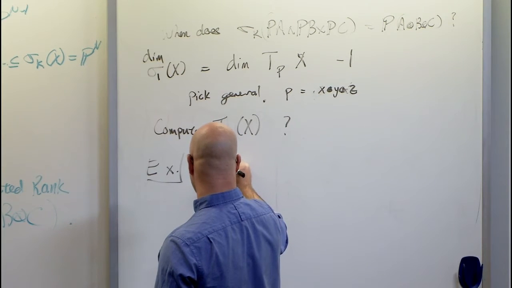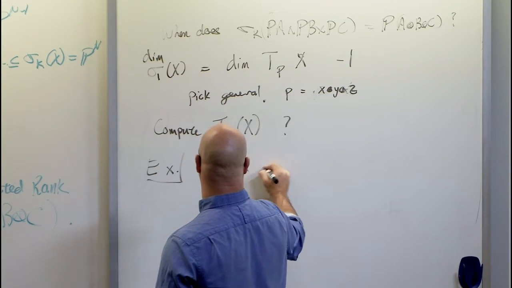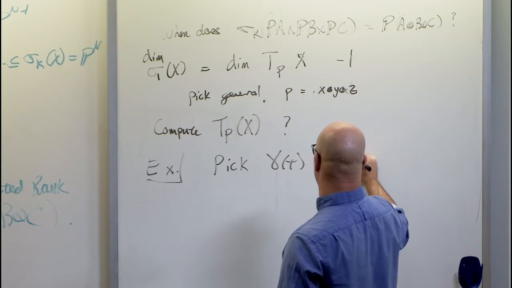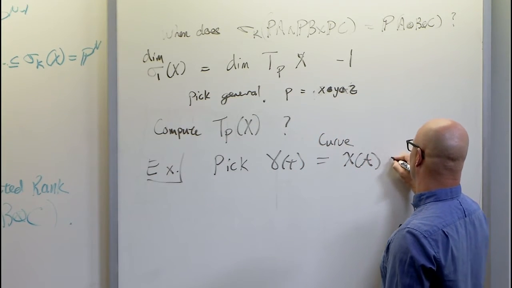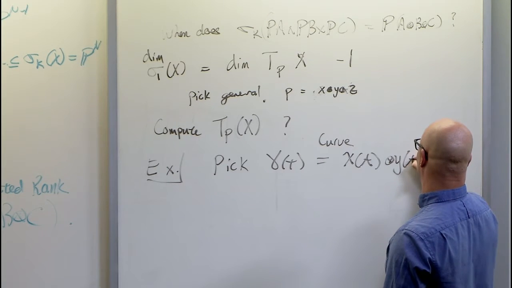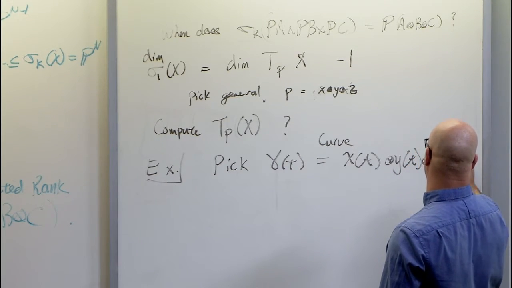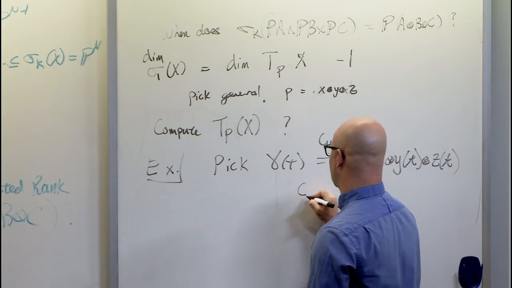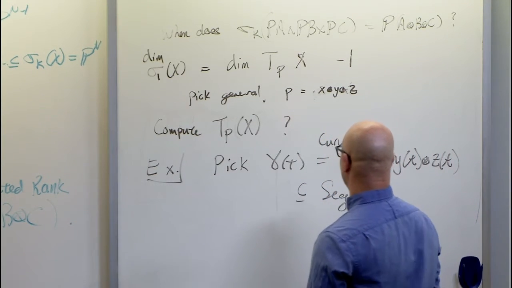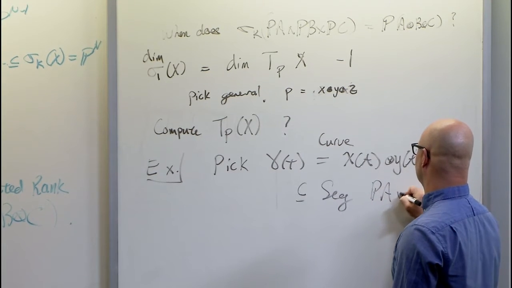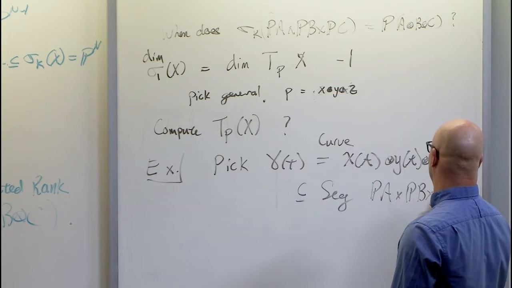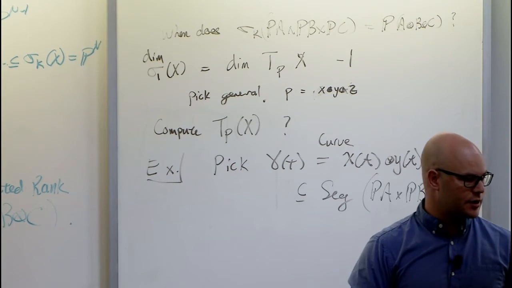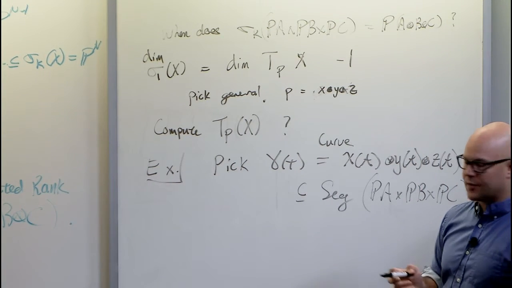So we're going to pick a curve. Okay, so we pick a curve like this that's on the Segre product. And the definition of the tangent space is all tangent directions at this point.